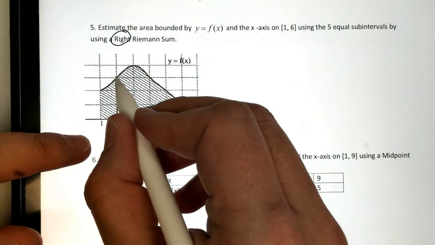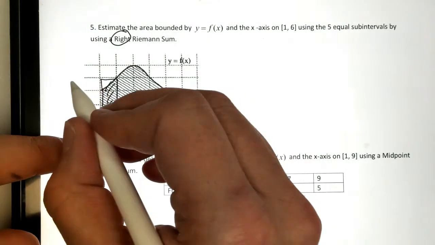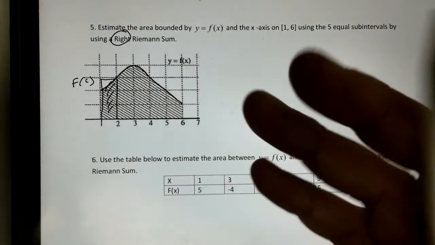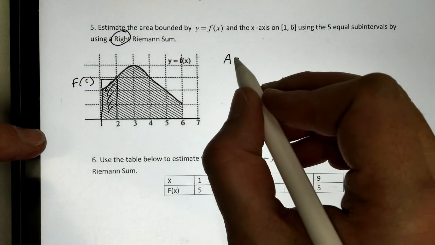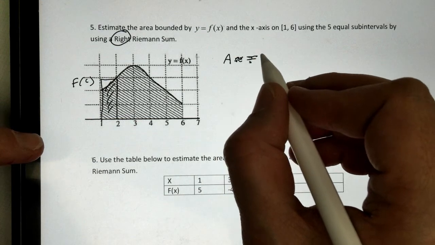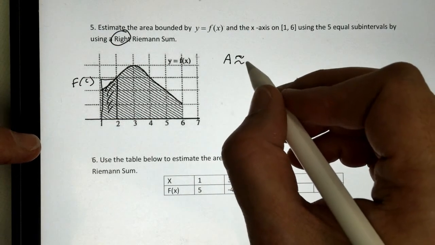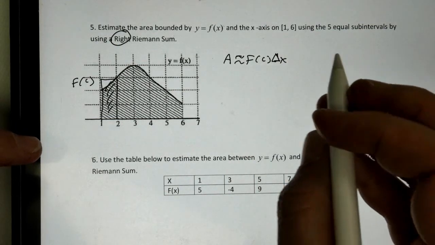Going up here, I'm looking at this rectangle. Remember, this is going to be my f of c right there. So I already have the graph. I might as well just use it. To get our area, remember, we're going to use f of c delta x right there.